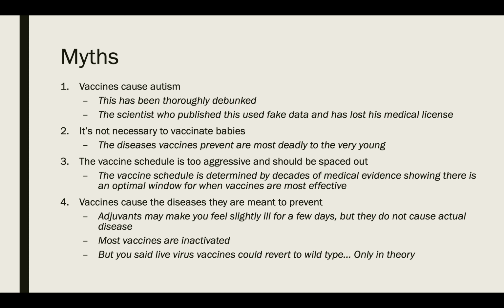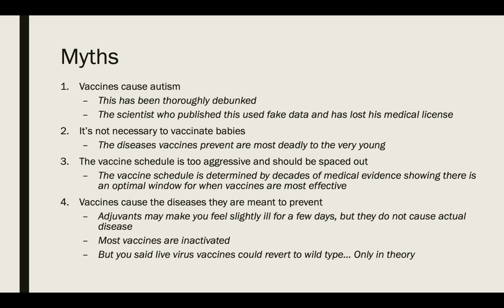So we're trying to vaccinate babies in that window so they get the best immune response. Having multiple vaccines at the same time, like this current vaccine schedule, does not hurt the baby's immune system. I've also heard that it's actually bad for the immune system. It's really not. They're giving vaccines at the very best times. And this is determined by, again, decades of evidence by experts.